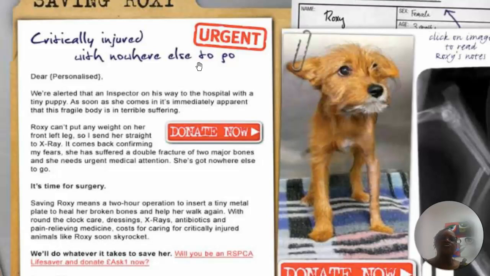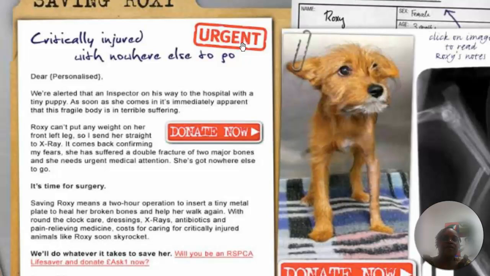Now, something else that you cannot ignore is the placement of urgent in that red font, like a stamp, in the top right corner of the first half of this doctor's clipboard. So, color is very significant here. The color red with the word urgent suggests urgency or danger.